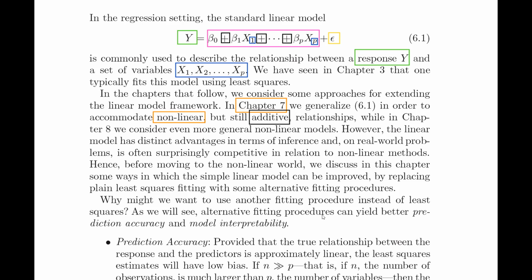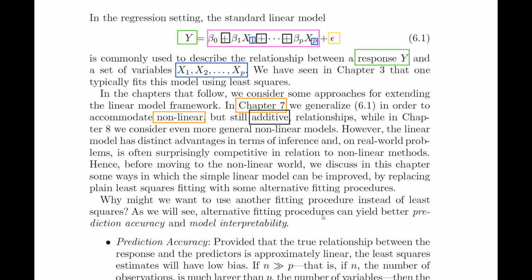So this is a chapter where we still keep the linearity assumption between the predictor variables and the response variable, y. We will not necessarily parameterize, meaning we will not necessarily estimate the beta parameters using least squares.